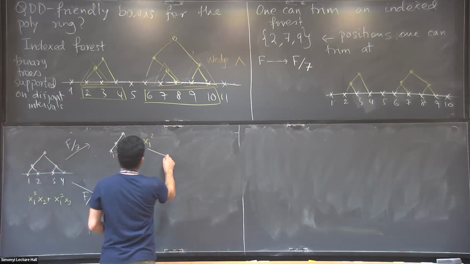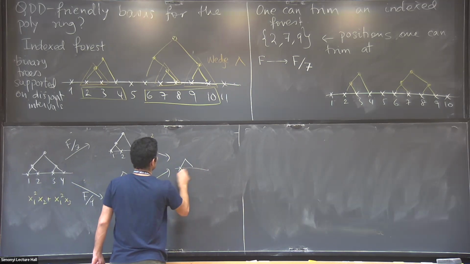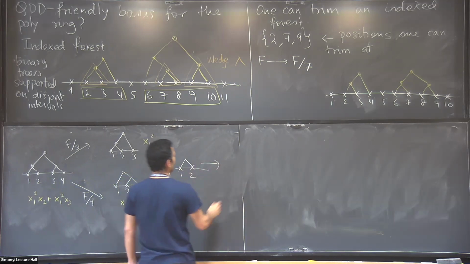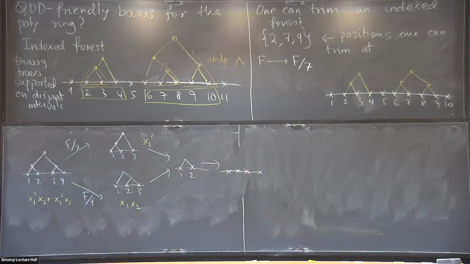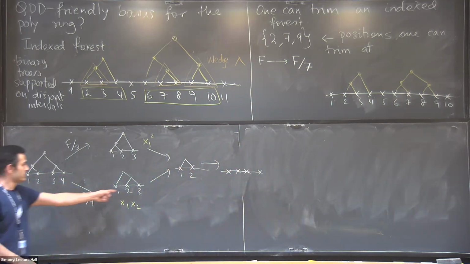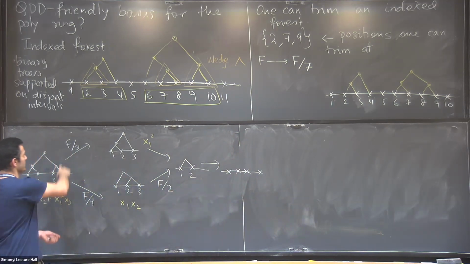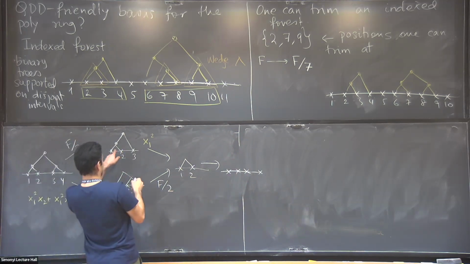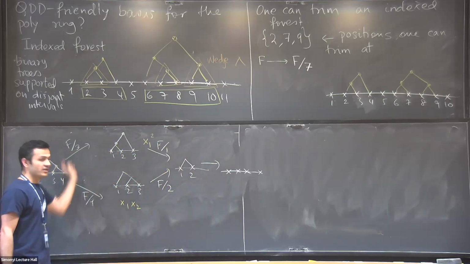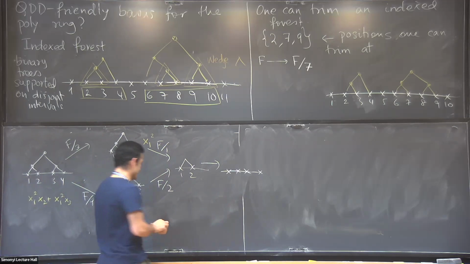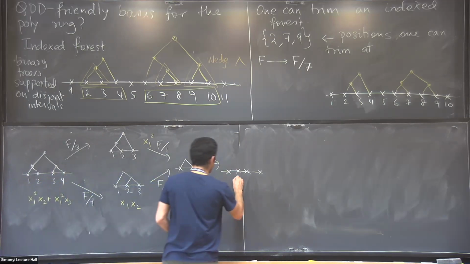In this case, you can trim this again and trim this again, and you will get a single tree supported at 1, 2, which you can trim further. So now this can be done as f sub 2, 3, followed by f divided by 1 again. Same result. This one is x1, and this one is the same.